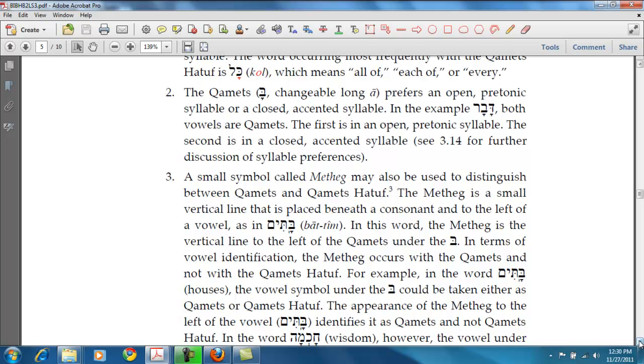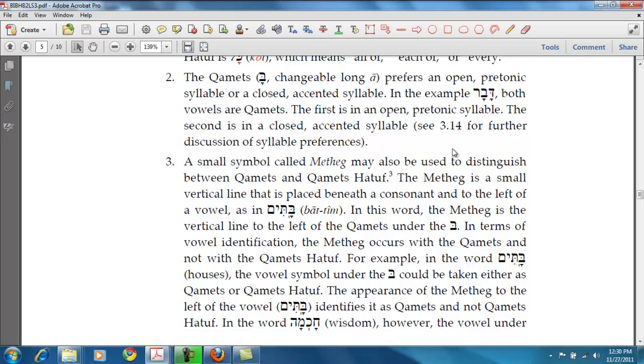Now, a third thing that helps distinguish whether it's a qamets chatuf versus a qamets is a small symbol called a metheg. The word metheg comes from the Hebrew metheg, mem, tav, gimel. It means a bridle, like a bridle on a horse, and it gives direction or stoppage.